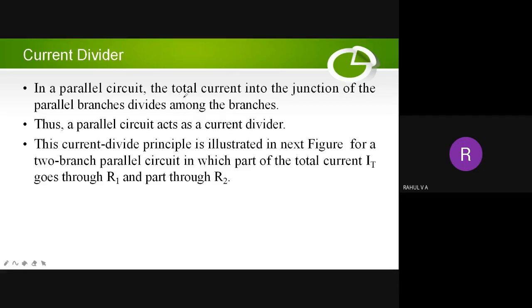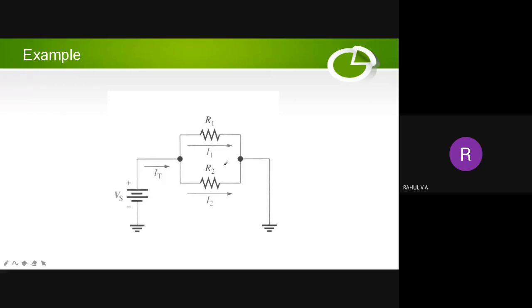The total current into a junction of parallel branches divides among the branches. If you apply current to a junction, it will divide among the branches. Thus a parallel circuit acts as a current divider. So here we have a current divider circuit.